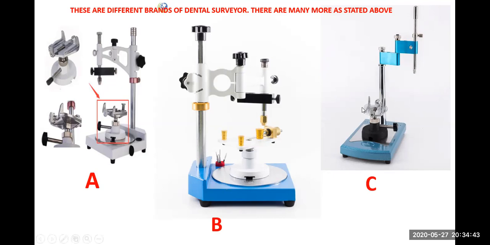The parts of a surveyor are supposed to be movable, especially the arm, and the model table, so that you can manipulate and do the surveying conveniently. If you look at Surveyor A, you see it has a knob that controls the entire model holder.